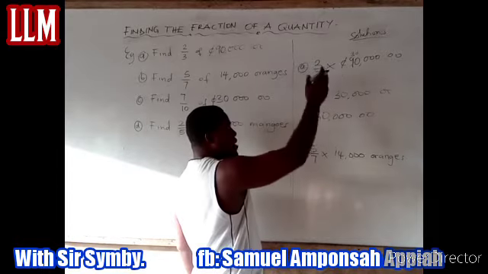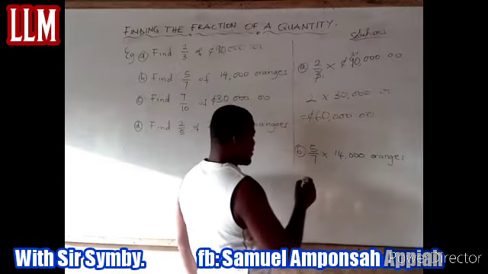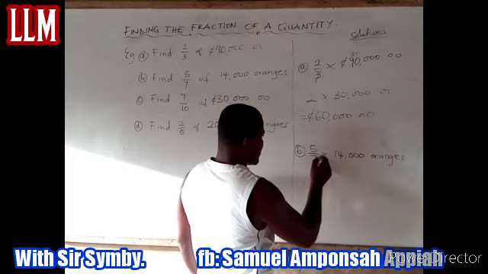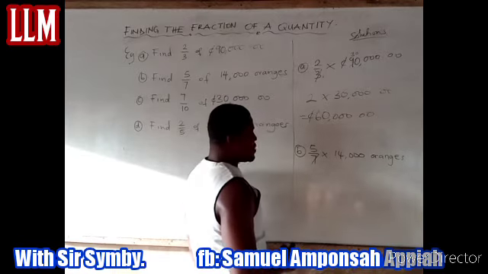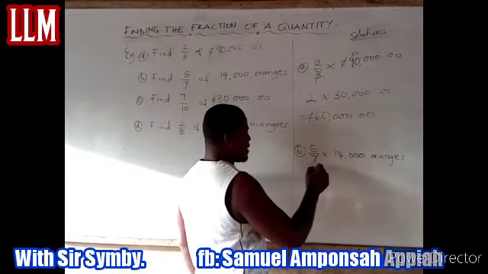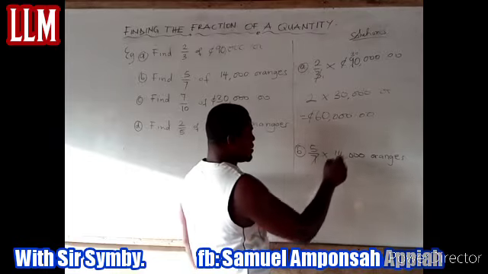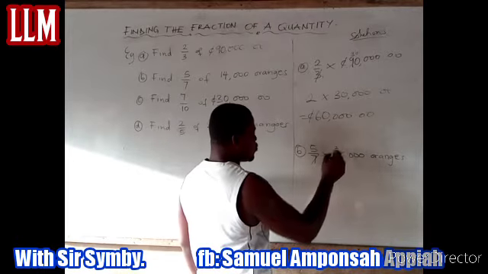The same way we went by the A, we use 7 to divide itself to get 1, and 7 goes into 14, 2.